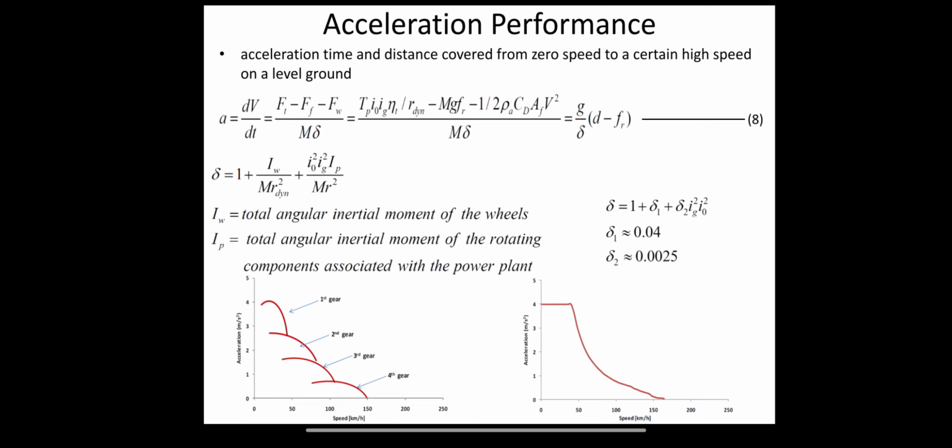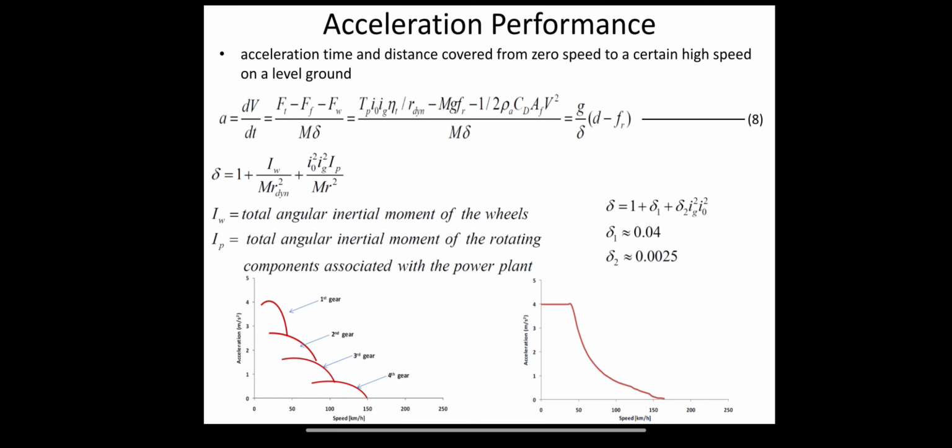If the mass moments of inertia are not available, the rotational factor δ can be approximated as δ = 1 + δ1 + δ2 ig² i0², where δ1 is approximately 0.04 and δ2 is approximately 0.0025.